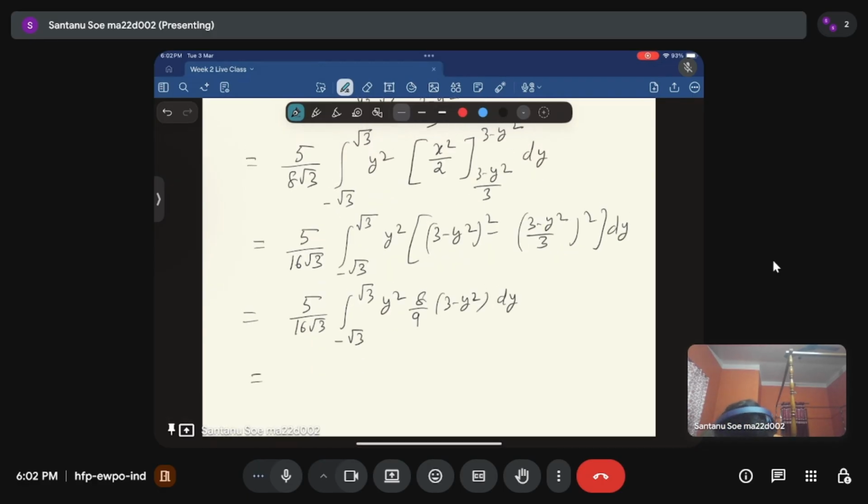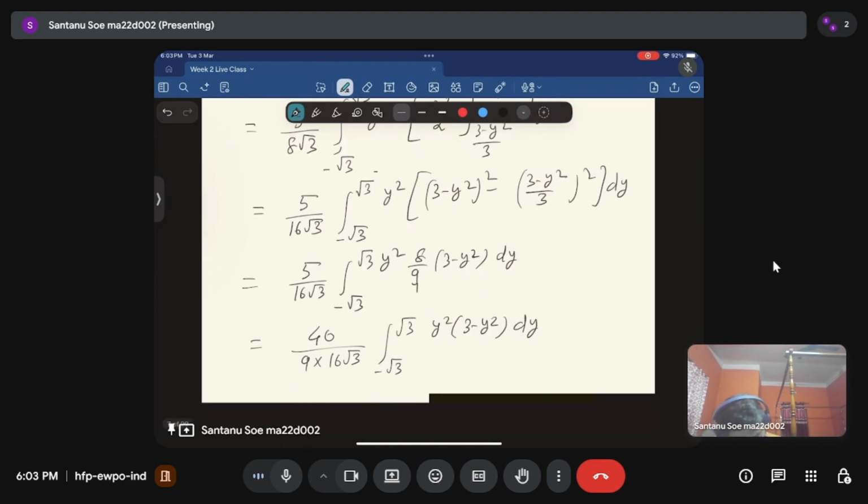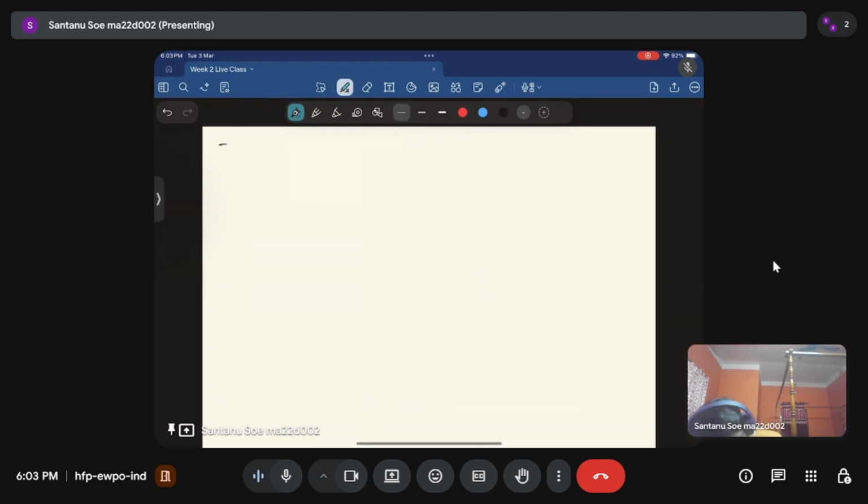So this is 40 divided by 9 times 16, the integral from minus root 3 to root 3 of (3 minus y square) times (3 minus y square). So now the inside function is even. We can write it like this.